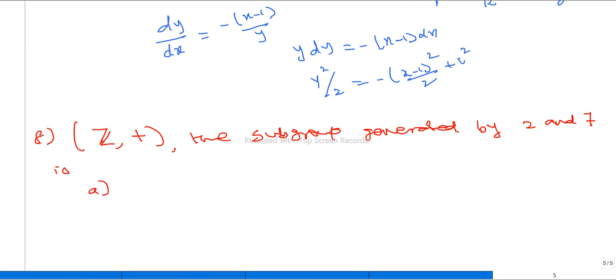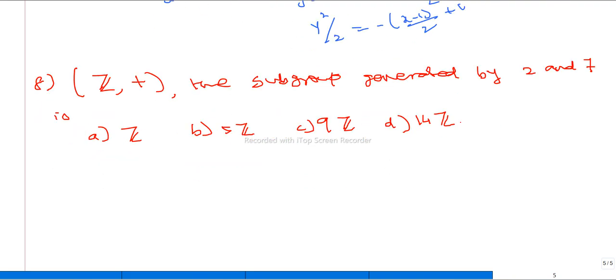The first one is Z, second one is 5Z, because every subgroup is of the form nZ, but it should be generated by 2 and 7. So that contains 2 and 7. Clearly, which of the following subgroups contains 2 and 7, and also is generated by 2 and 7.